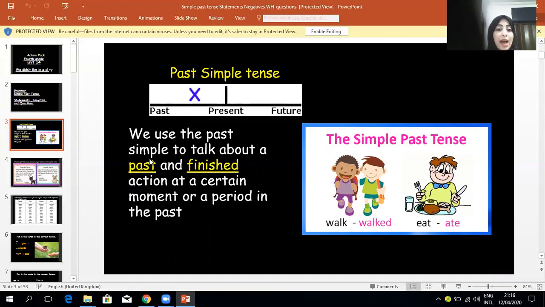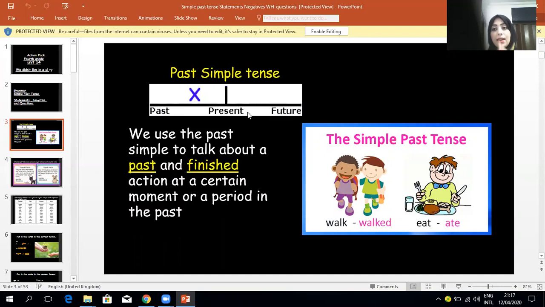We use the past simple to talk about a past and finished action at a certain moment or a period in the past. So look at this timeline. We have three tenses in English: past, present, future. Here, started action and finished action. So, actions that started and finished in the past.